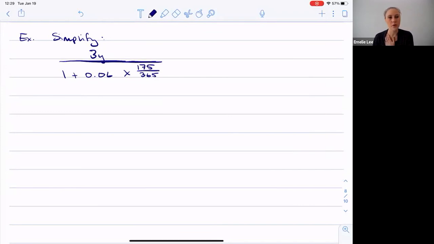Okay. So we've seen kind of big fractions like this before last day, right? And so what you're going to do is simplify the numerator and the denominator independently of each other, right? And then it's not until the very end that you can simplify and maybe cancel some terms. So here 3y is pretty simplified, so I'm going to focus my attention on simplifying this denominator.